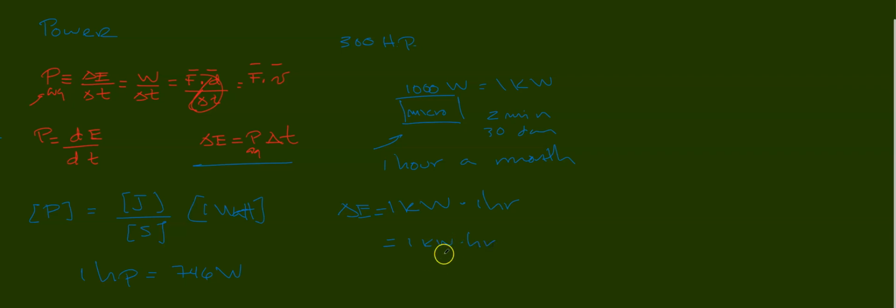Let's put this in joules. This is 1,000 watts, or joules per second, times 3,600 seconds. So of course this gives you 3.6 times 10 to the 6 joules, about 4 million joules, or 1 kilowatt hour.